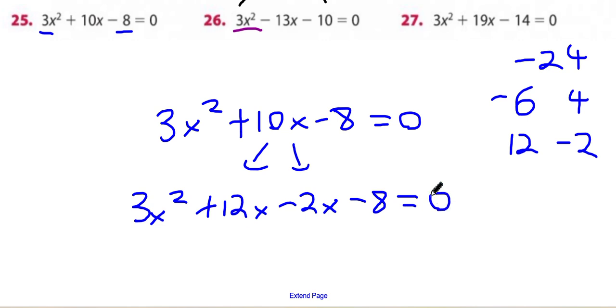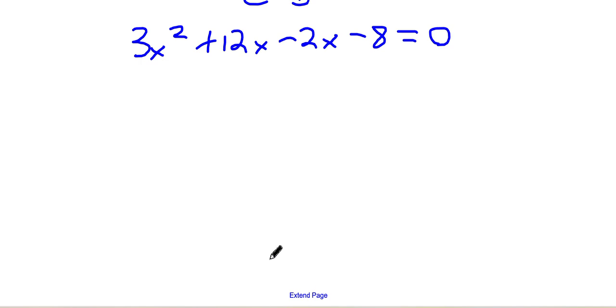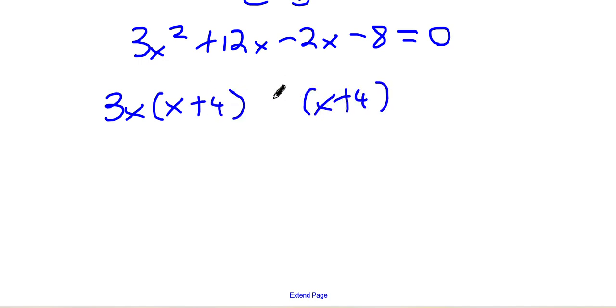You all good? Okay. Now, what happens next, guys? What can I take out of the two of them? What's left over? I always say cheat code because that's going to be an x plus 4 as well. And then in here, just to pause for a second. Does it work? Next one.